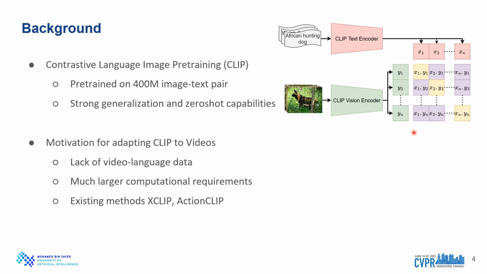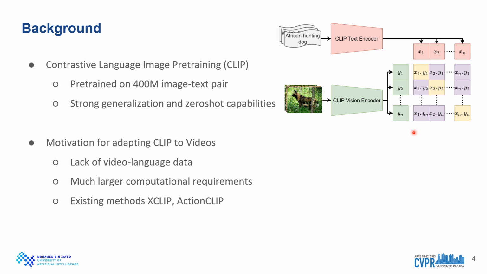And therefore, we have a strong motivation to have it for videos as well. However, in the case of videos, we don't have video text aligned data at the same scale as we have for images. And even if we were to have such data, the computational requirements for such a pre-training from scratch would be much, much higher.